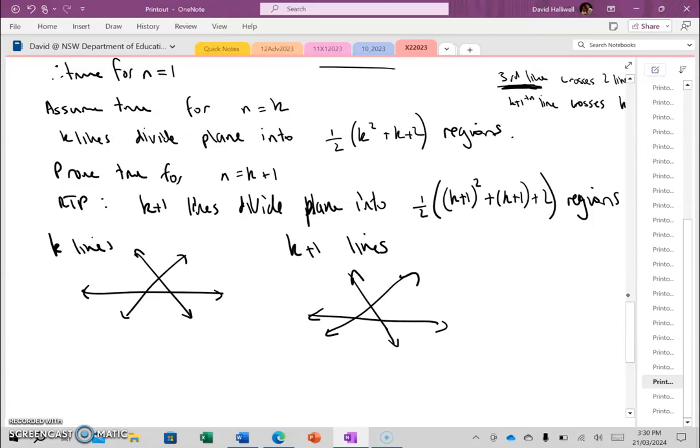And then we're going to add, maybe I'll draw an extra bolded one, so that it's clear that, because it's not parallel to any of the other ones, eventually it'll cross all of them. So let's try and draw something that will cross all of them. Oops. Let's try again. So I'm going to call that the k plus 1 line, the extra line that we've added.